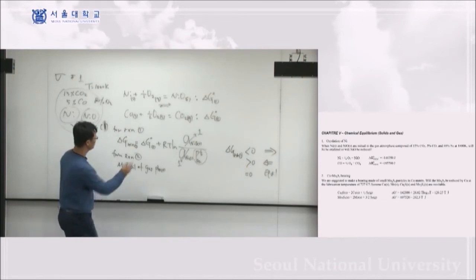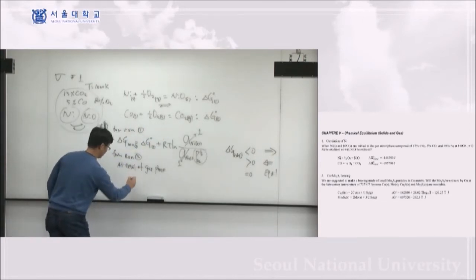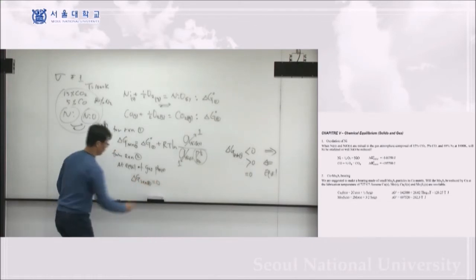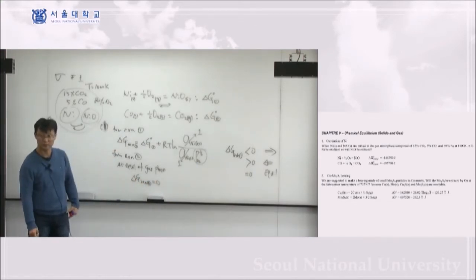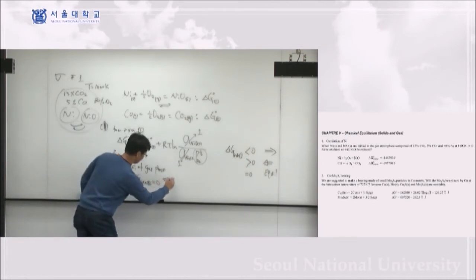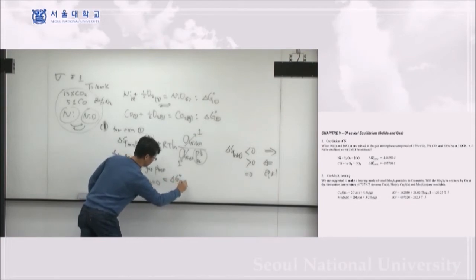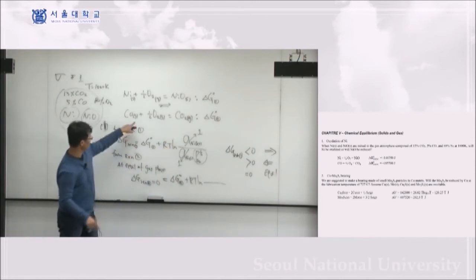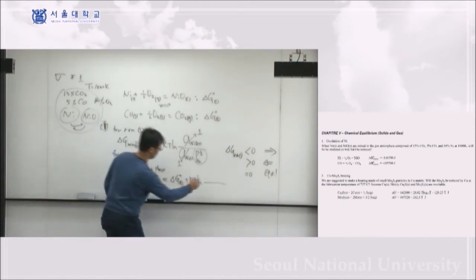Because this is the equilibrium state, delta G of reaction 2 equals 0 here. So virtually, this is how much partial pressure of oxygen is developed by the gas phase at the moment. We are assuming the gas is in equilibrium between gas and gas. So this is delta G naught of reaction 2 plus RT ln of the partial pressures of CO2, CO, and O2.